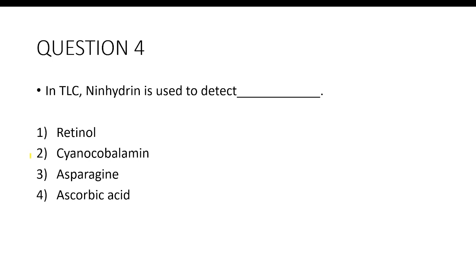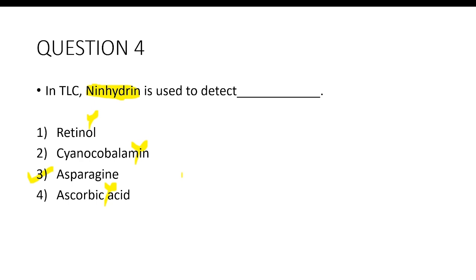In thin layer chromatography, ninhydrin is used to detect what? Generally, ninhydrin is used to detect amino acids on the chromatogram paper. Here the amino acid is asparagine. Retinol, cyanocobalamin and ascorbic acid are vitamins. So the correct option is option 3.